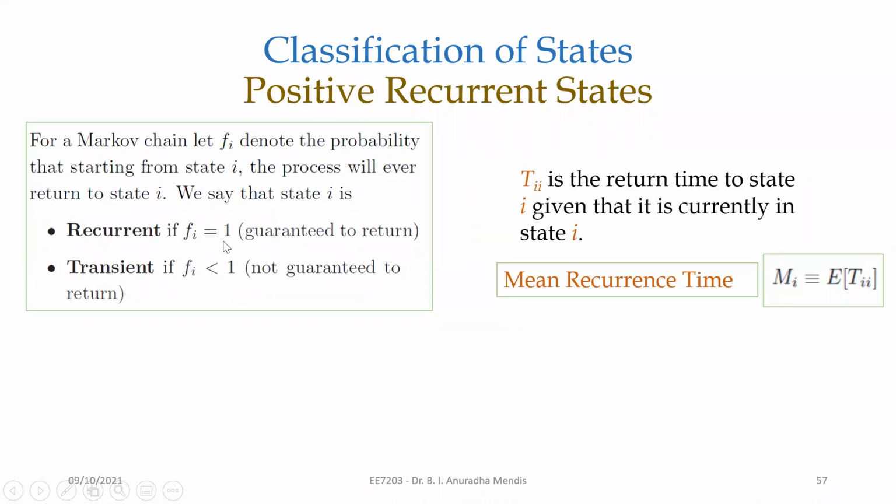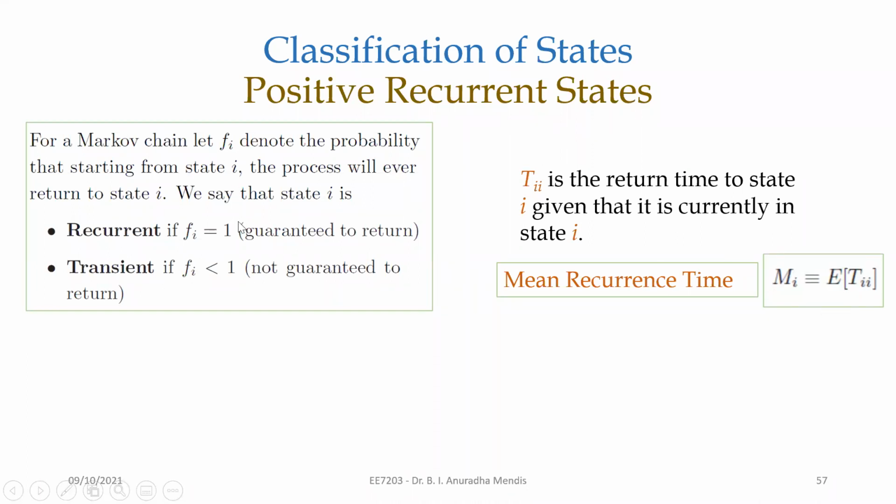But if this probability is not 1, it can happen, but there is no guarantee. Then that state we call a transient state. So don't mix these two things. The earlier one is regarding the time that it will come to the state again, denoted as TII.